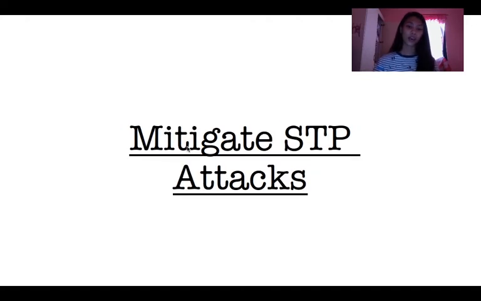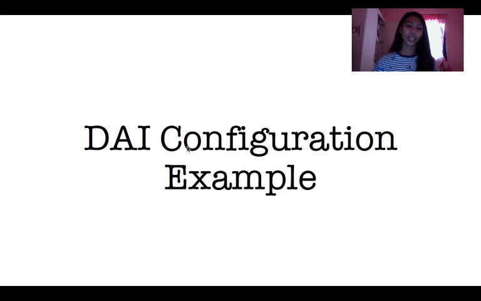Next, in our DAI configuration example, we have destination MAC, which checks the destination MAC addresses in the Ethernet header against the target MAC addresses in the ARP body. We have also our source MAC, which checks the source MAC address in the Ethernet header against the sender MAC addresses in the ARP body.